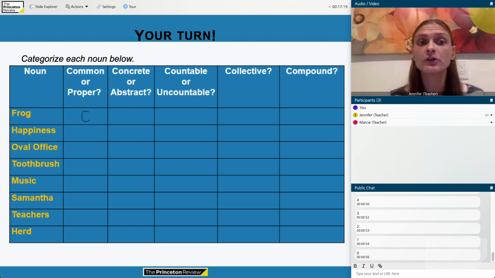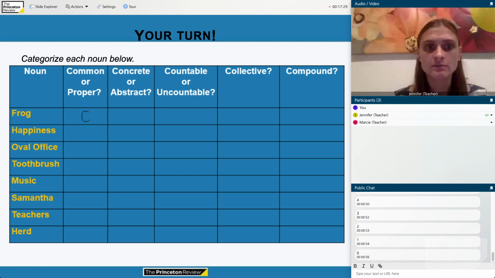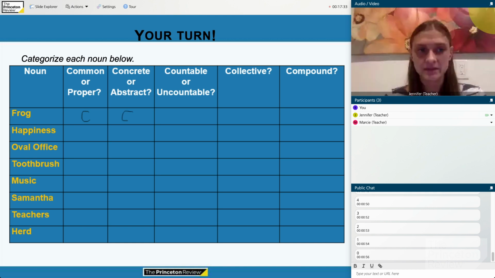And is it concrete or abstract? Can you touch a frog? Can you see a frog? The answer is yes, so it's going to be concrete. Next, is it countable or uncountable? Can you say one frog, two frogs, three frogs?